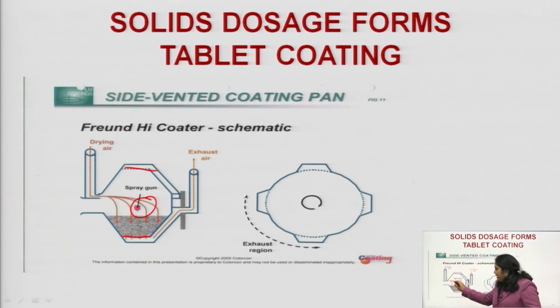The drying air enters from here, crosses through the whole of the tablet bed, and then moves out through this exhaust. It is a slight modification from the Accela Cota pan, with better drying and mixing efficiencies of the air and the tablet bed. So, ultimately this suited the process better as compared to the single pan or the Glatt coating pan.